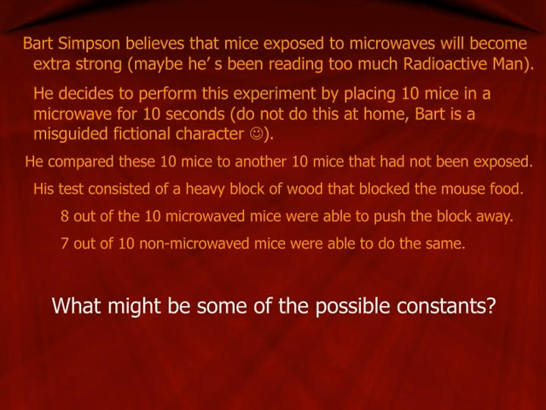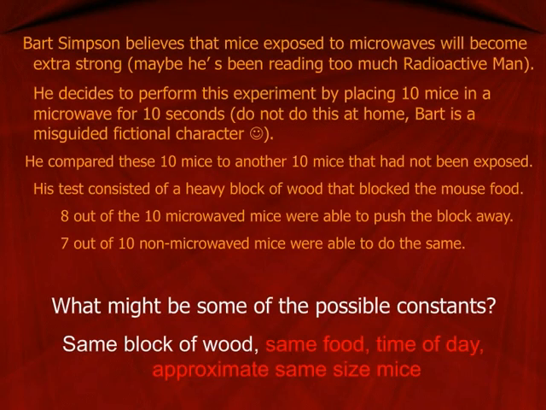What might be some of the possible constants? It is very important that any factor that's not a part of the hypothesis not change during the experiment. For example, the same block of wood would be used for all experiments to make sure that didn't become a variable.